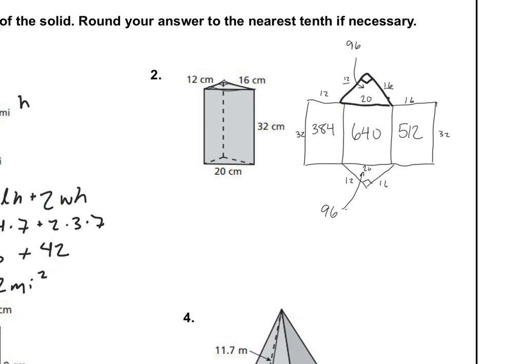To get my total surface area, I'm going to add them all together. It'll be 96 plus 96 plus 512 plus 640 plus 384. And I get a surface area of 1,728, and this is centimeters squared.